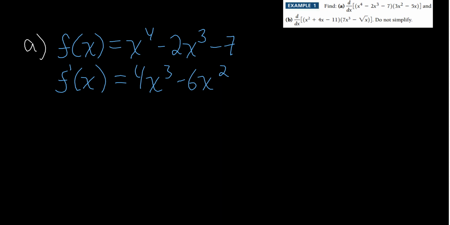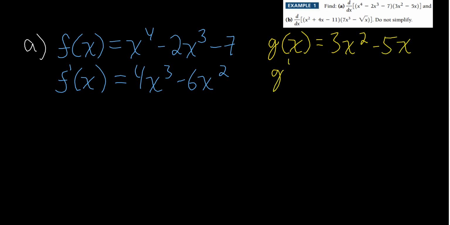Then we'll say g of x is 3x squared minus 5x, and therefore g prime of x is 6x minus 5.